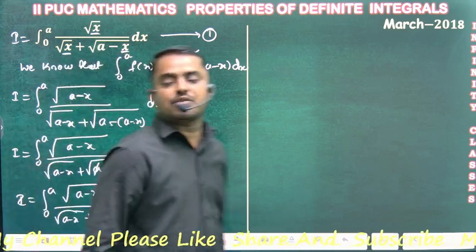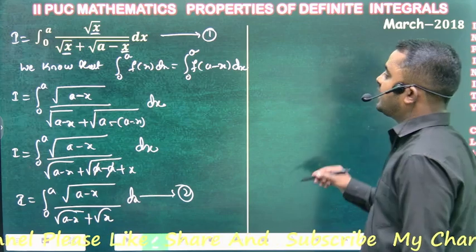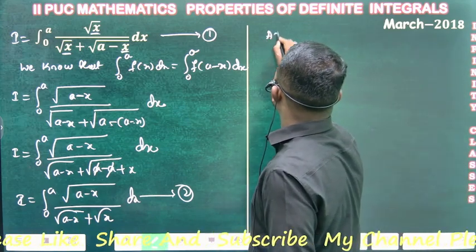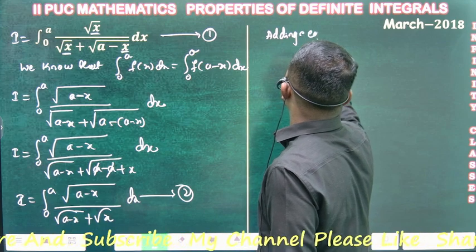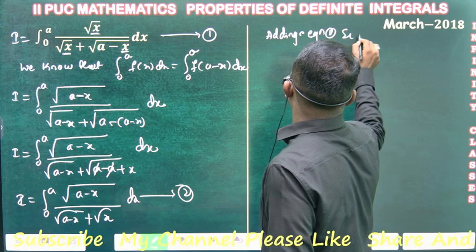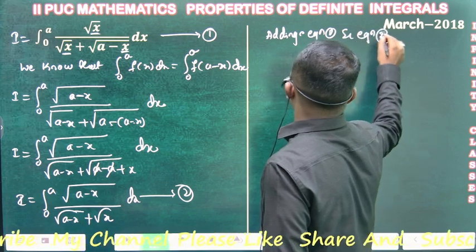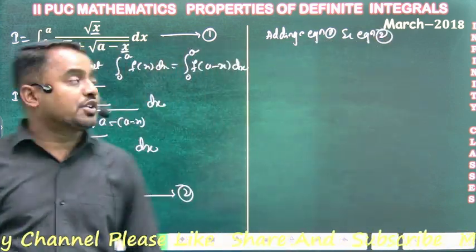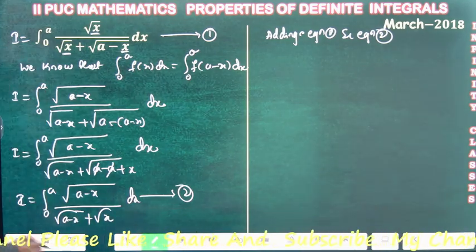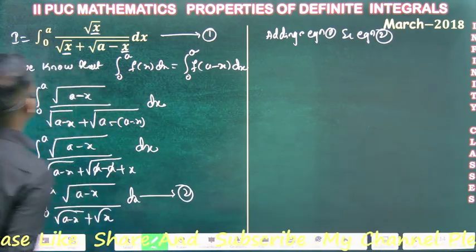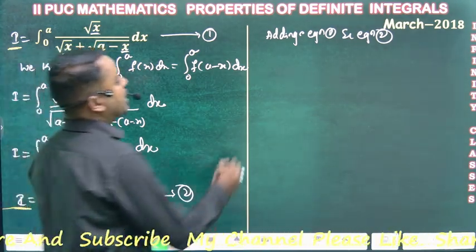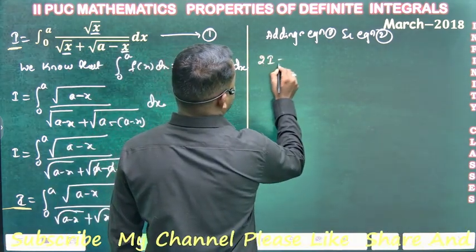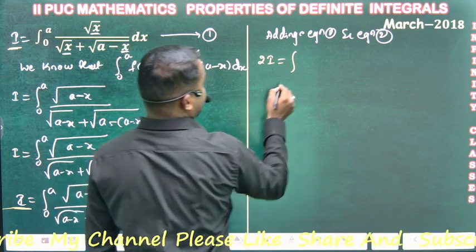Now adding equation 1 and 2, that is I plus I on the left hand side, I plus I will become 2I, the integral between the limits 0 to a.